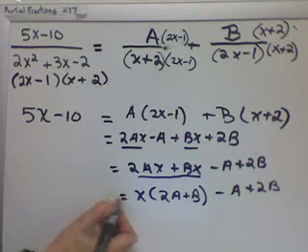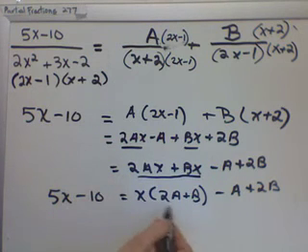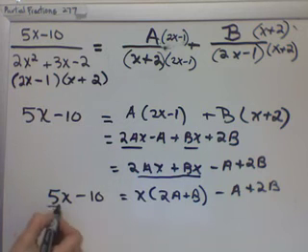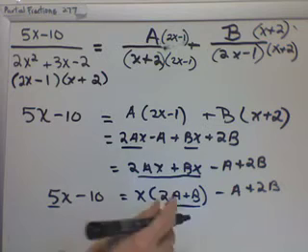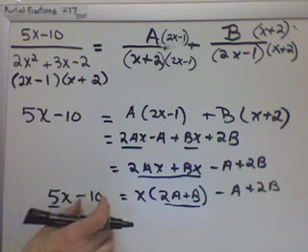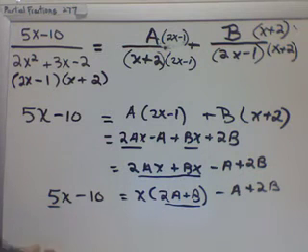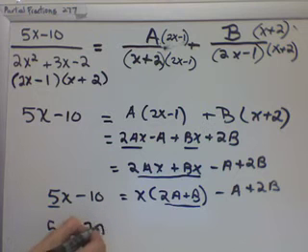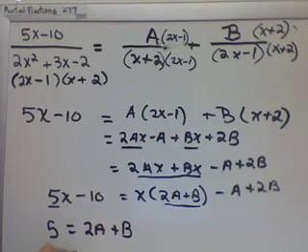So if this top indeed equals this side here, that means that the x term has the coefficient of 5 here, so this part must equal 5, because 5x has to equal 5x, negative 10 has to equal this part here. So I have two little systems to solve. I can say 5 equals 2a plus b. And I can say negative 10 equals the constant part, which is minus a plus 2b.